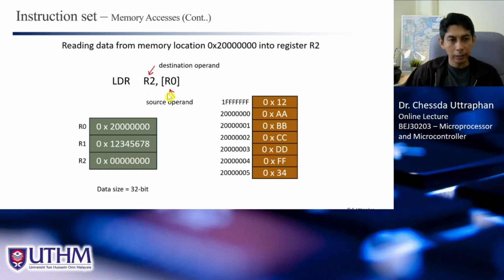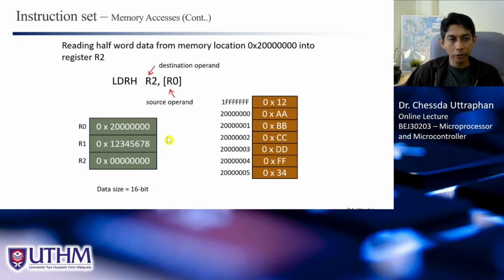LDR is 32-bit, so LDR loads 32-bit data starting from 20000000, which has AA, BB, CC, DD. When we move the data from here to here, remember, little endian, so DD will go first: DD, CC, BB, AA.